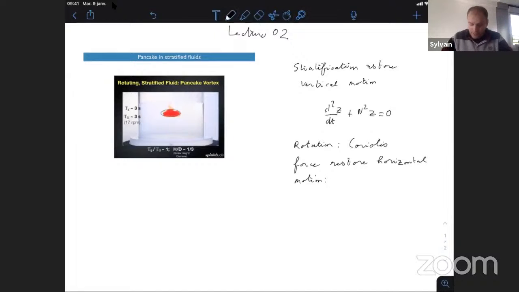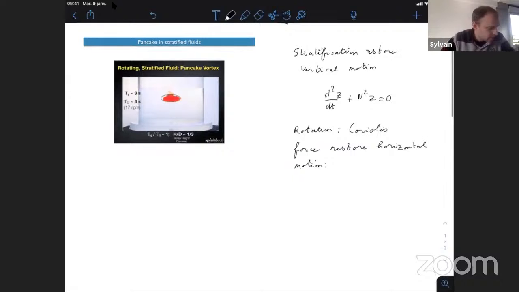By conservation of angular momentum, you can have an equation for the radial position as a function of time: d squared delta r over dt squared, plus a term related to f, minus f squared delta r, which is equal to 0.